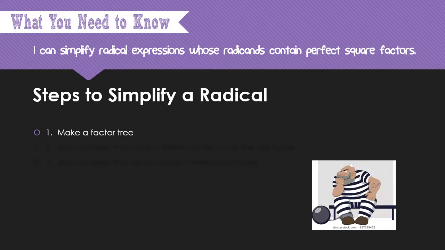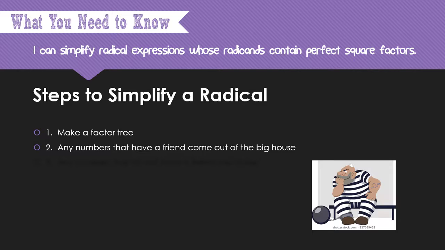This means that the number that we're given, we break it down into two of any of the factors that contain that number. Second step, any numbers that have a friend come out of the big house. So what this means is any pair of factors that you find, that pair gets to come out of what we're calling the big house, or like we used the jail analogy in class.